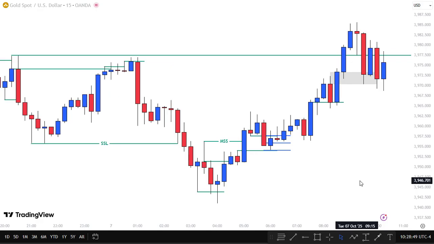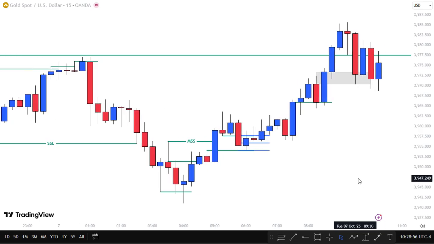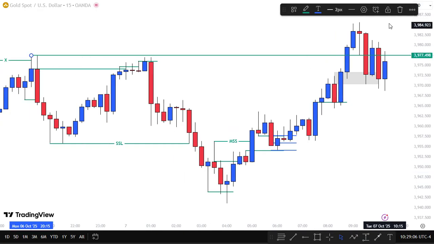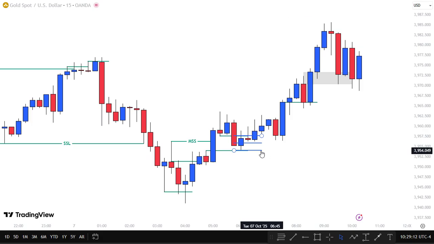So when you're about to take on a setup and you identify that the risk is higher than the reward you're hoping for, that is a very bad entry. I don't advise you to take on that trade. You just sit and wait for a very good confirmation such that you can minimize the risk and make very good profits.